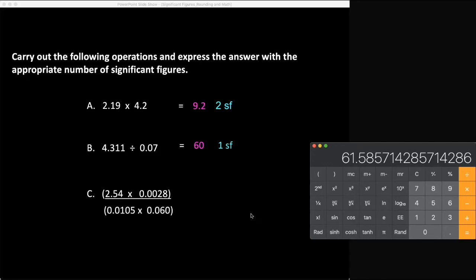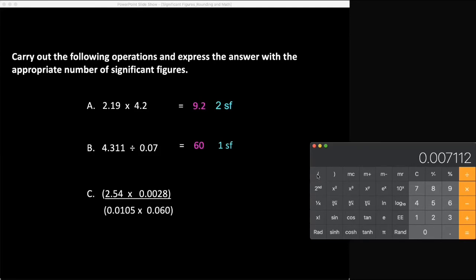Now let's look at C. 2.54 times 0.0028. You can write that down if you want to go ahead too. A lot of times you do at the beginning. And then you're going to divide. You're going to need your parentheses here.